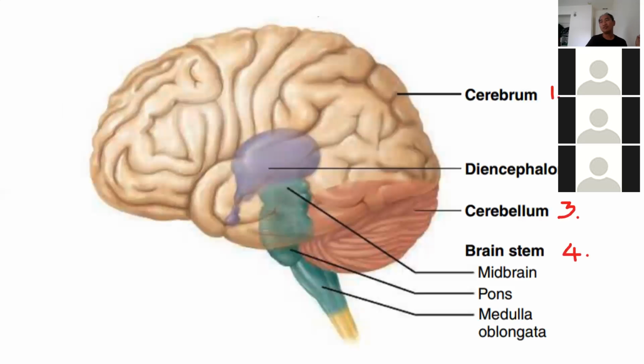And of course, you know, this is just a reminder in very short. This is our brain, and the brain and spinal cord make the central nervous system. The portions of the brain are cerebrum, cerebellum. Inside, around this area, is called diencephalon, which is made of thalamus, hypothalamus, epithalamus.